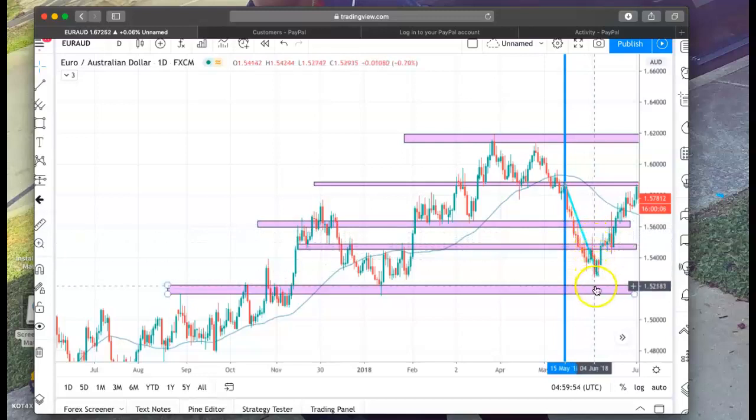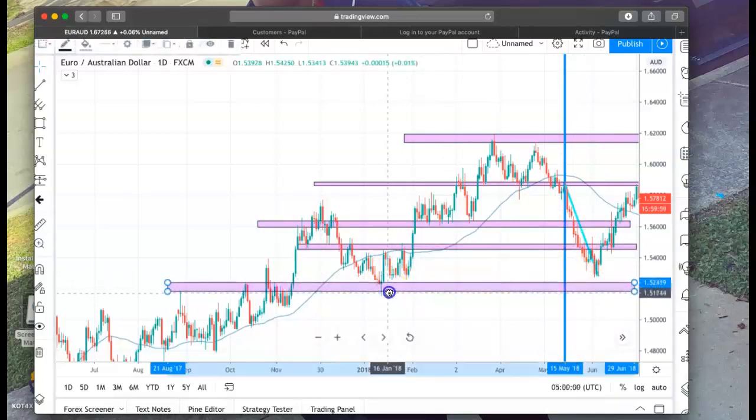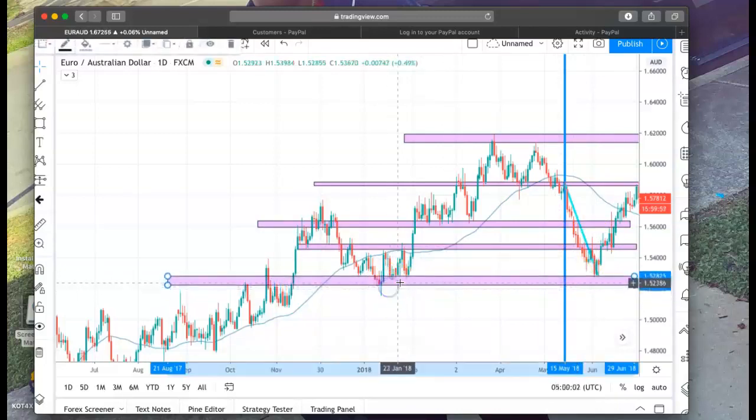Take profit 3 is here. It barely missed take profit 3. We could have really put our zone a little higher where it rejected in this area and it rejected here, rejected in here. So my zone was a little low, but it barely hit take profit 3.